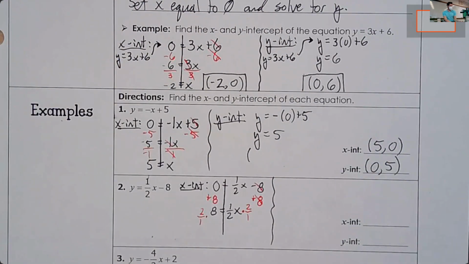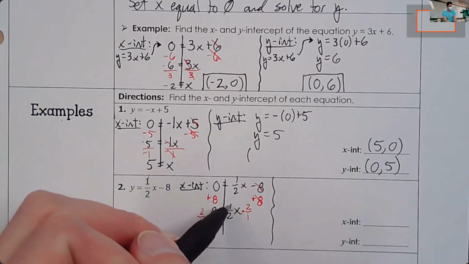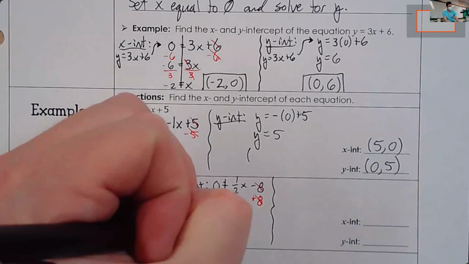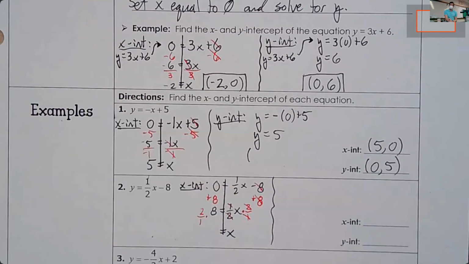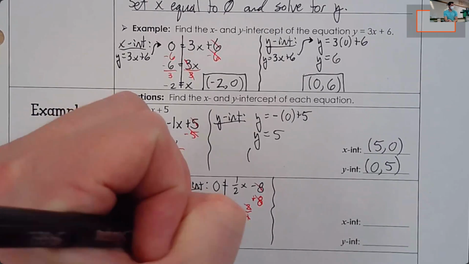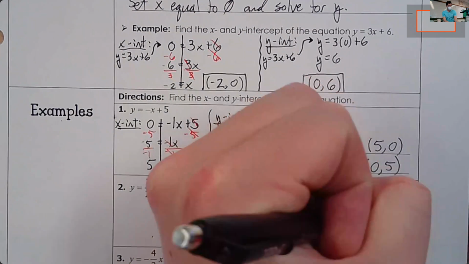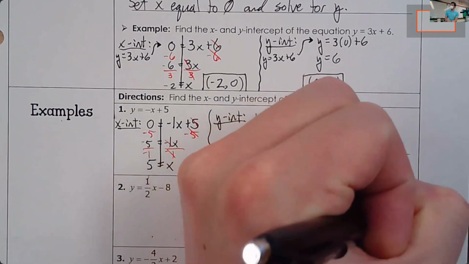The reason for that is we can cross cancel on the right-hand side. The 1s and the 2s cross cancel, leaving us with just x. And then 2 times 8 is 16 over 1, which is still just 16. So x equals 16. So the coordinates for the x-intercept would be 16, comma, 0.